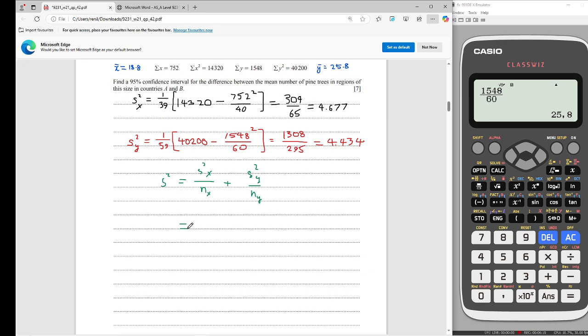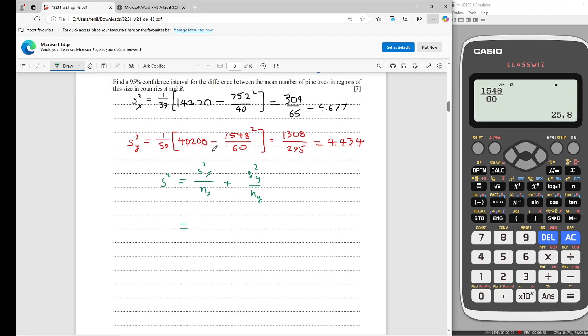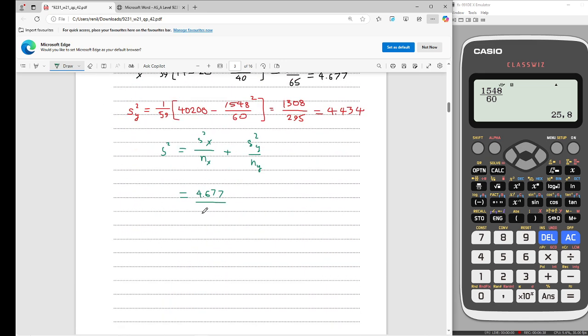So if you repeat this with the values, you can get s². Over here I'm going to put in the decimal values so that I don't need to overlap. So 4.677 divided by the number of terms of x, which is 40. We add this on with 4.434, where the total number of terms in y is 60. Right, so when we add this we get our value.